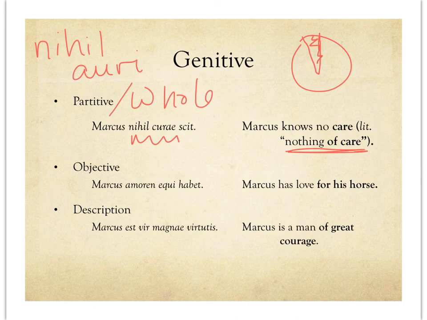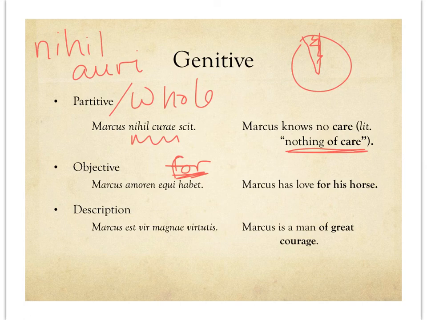We also have this use of the genitive called the objective genitive. In this, we often translate it with the word for, and the noun itself that it's associated with has to have some kind of verby idea, where the genitive that follows is not really possessive, but it's showing the object for that noun.